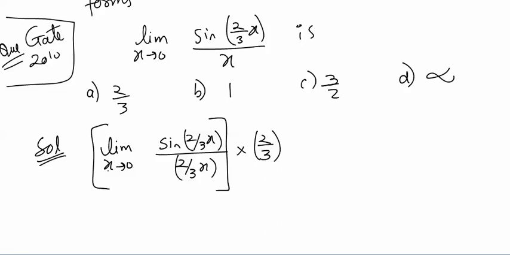Standard result, if x is 0, 2 by 3 x will also be 0, right? So don't say, sir, what will be 2 by 3 x now? Don't say that this needs to be changed. If x is tending towards 0, any multiplying factor will also become 0 only, right? So you can say this is nothing but 1 into 2 by 3, or I can say 2 by 3. So your answer will become the first option, right? The very standard questions which you can see, right? Once you understand the formula, the fundamental, it becomes very easy for us to understand.